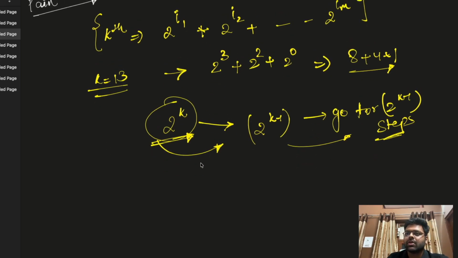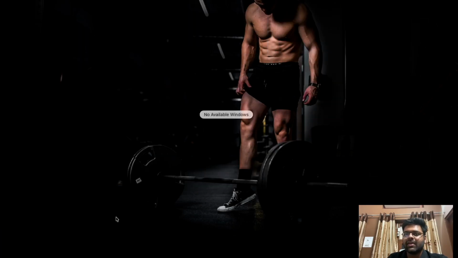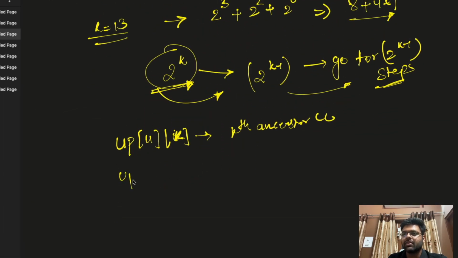So let me give you an array for this analogy. If I talk about up of u comma k, this would give you the kth ancestor of u. The base case would be the first ancestor.